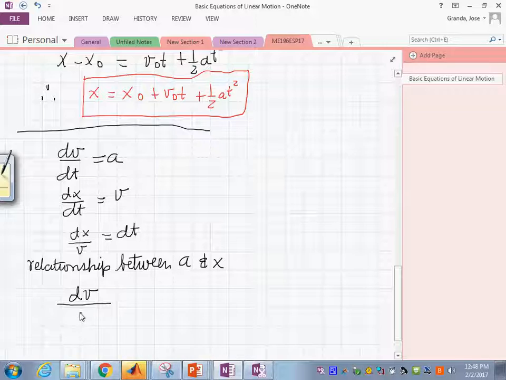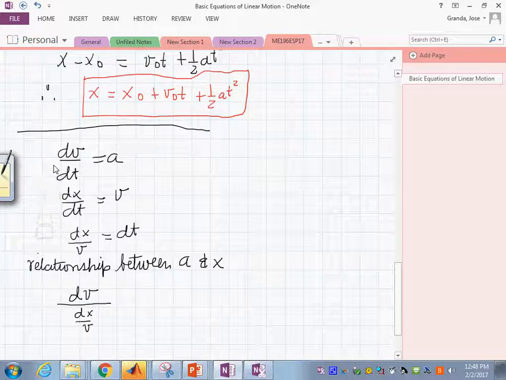This would be dx over v. See this dt that you see here, this one could be replaced by this, based on what I just did here, see?